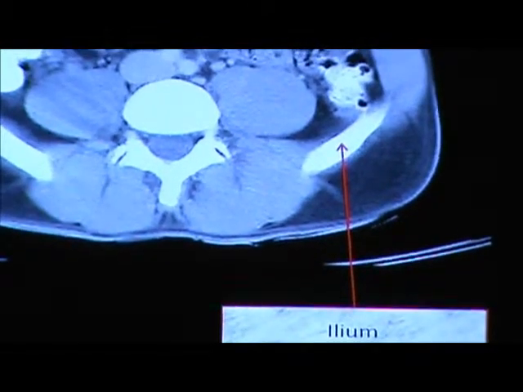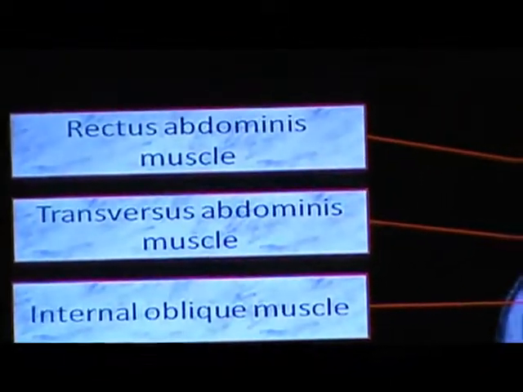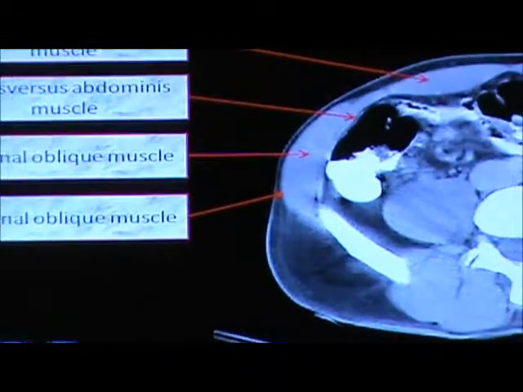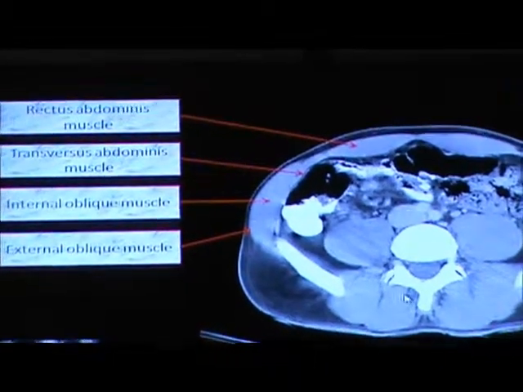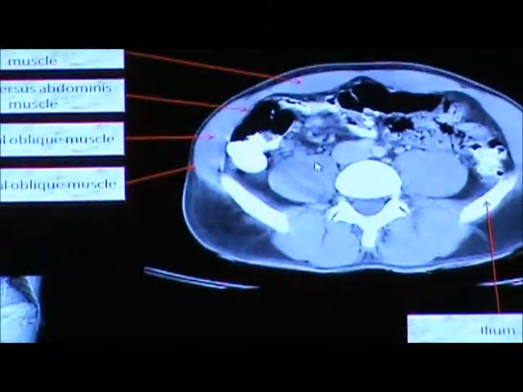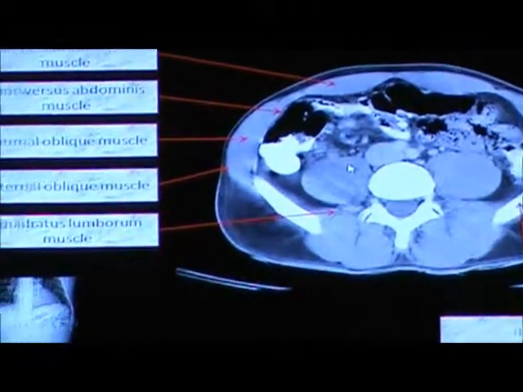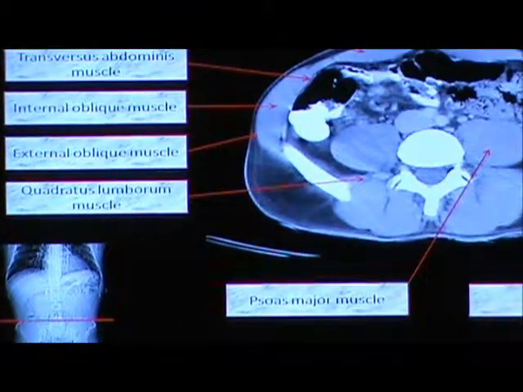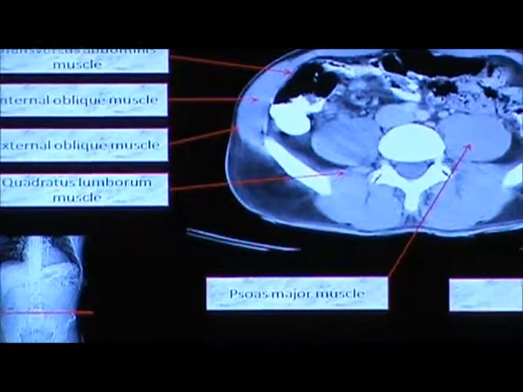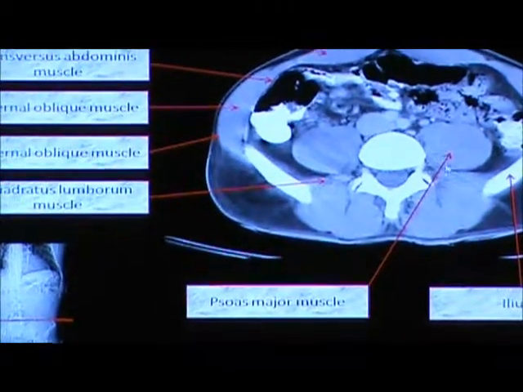For example, the rectus abdominis muscle, the transversus abdominis muscle, and two oblique muscles, external and internal one. We have also muscles that create the posterior wall of the abdominal cavity. So this is the quadratus lumborum, and at both sides of the bodies of the lumbar vertebrae, at this level we have the psoas major muscle.